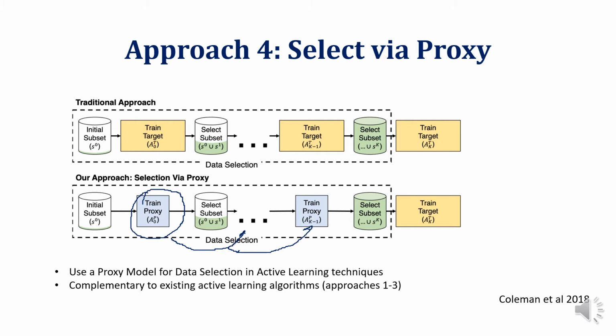In fact, you can have multiple levels of proxy, as you can see here. So the proxy is basically a scaled down version of the target model, and you can have multiple such scaled down versions.